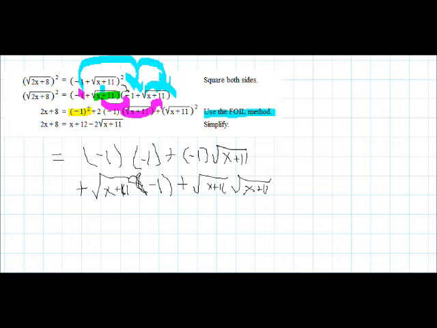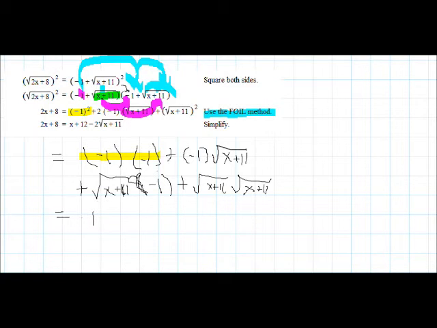Okay. So now let's combine this stuff. Right here, -1 times -1 is going to be equal to 1.